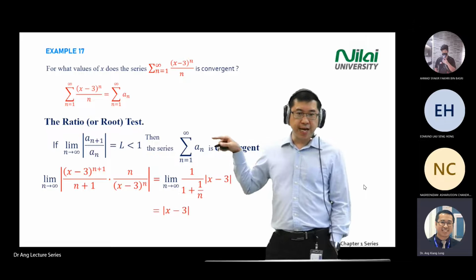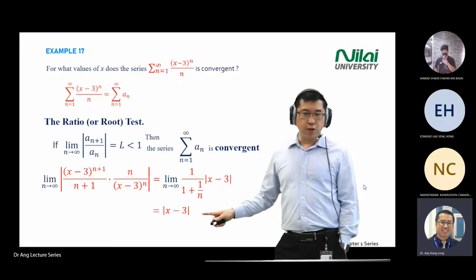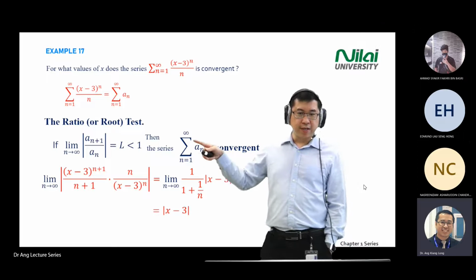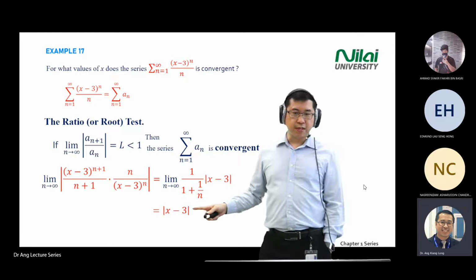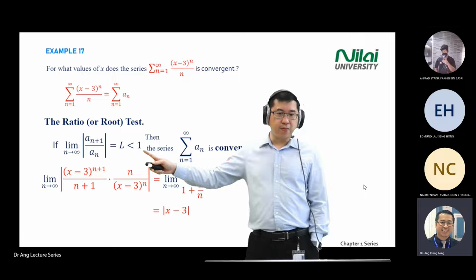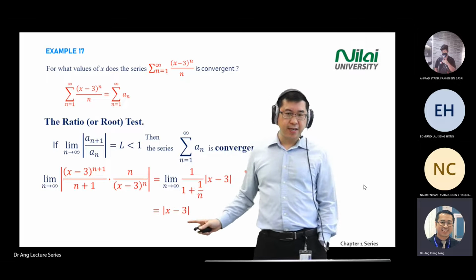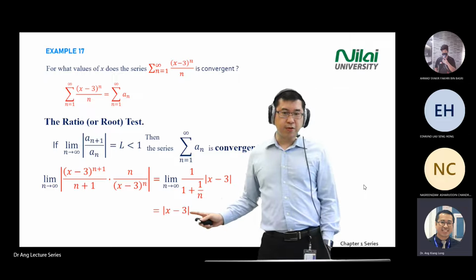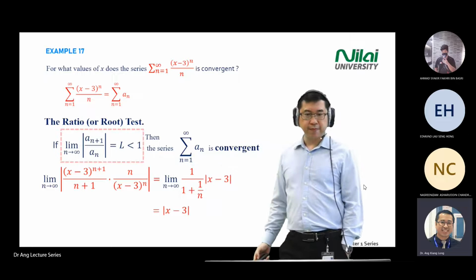So you apply this set of test statements to your calculation. You combine this one and this one to get convergent. So this must be less than 1. This L is what you calculate. So L is x minus 3.